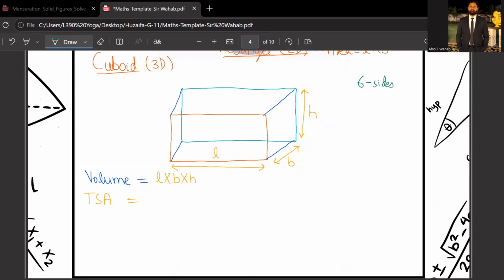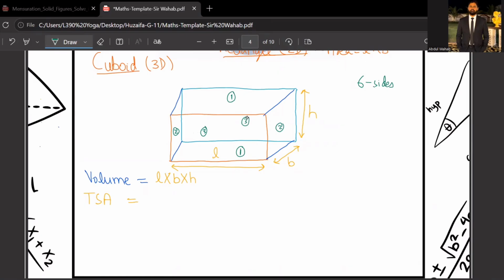Let's say this side is the first: the top and the bottom are both the same. Second, this side and this side are both the same. Same means in the dimensions. And third, the front and the back are the same.